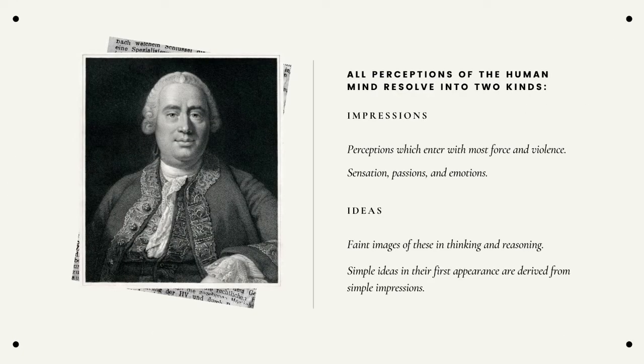According to David Hume, all perceptions of the human mind resolve themselves into two kinds, the impressions and the ideas. So first is yung impressions. These are perceptions which enter with most force and violence. So it is a result of direct experience both internally and externally.